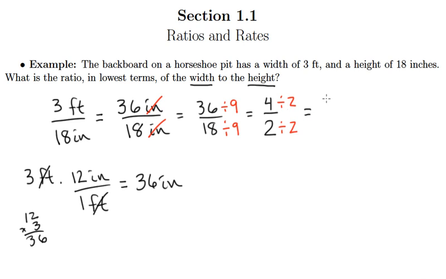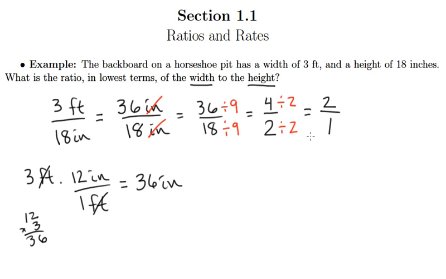Now understand that even though 2 over 1 is not how you would usually write a fraction answer, usually if you have a number over 1, you would just turn it into a whole number and just say it's 2. Even though that's going to usually be the case with ratios, if you end up with a 1 on the bottom, I want you to leave it this way.